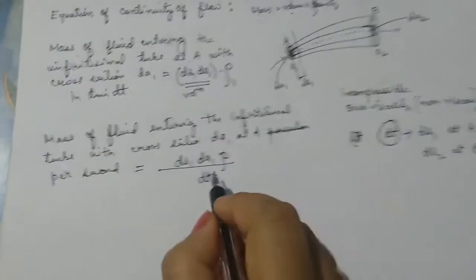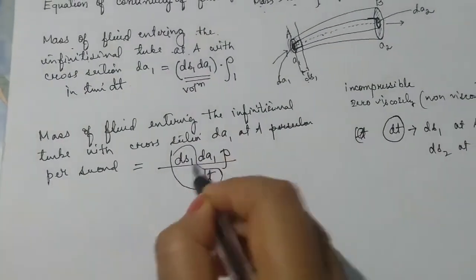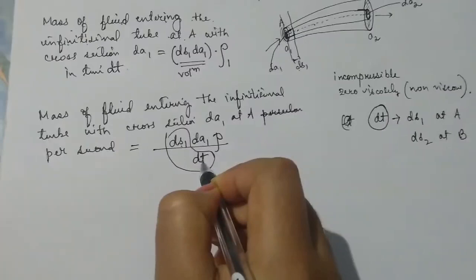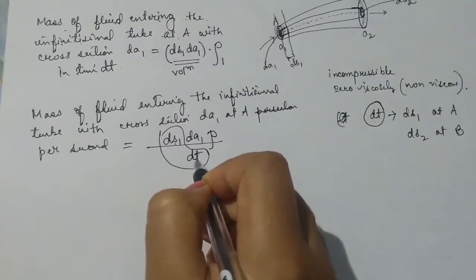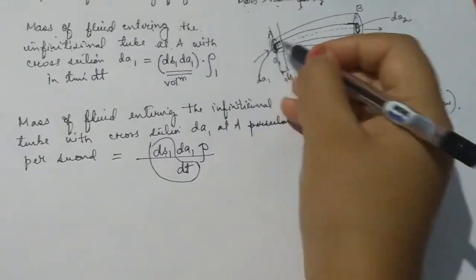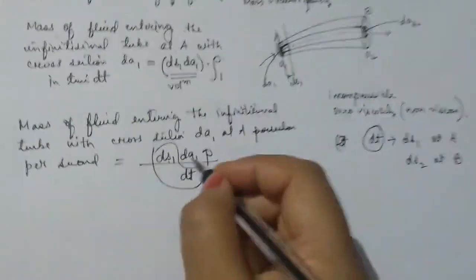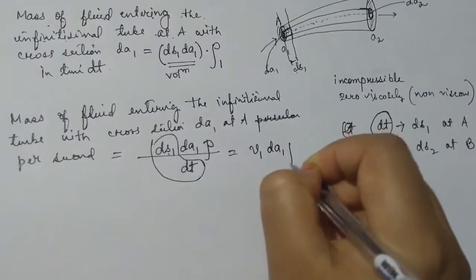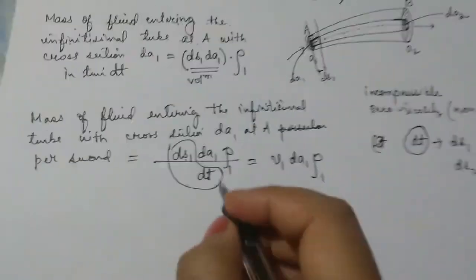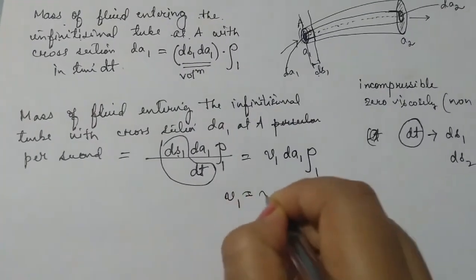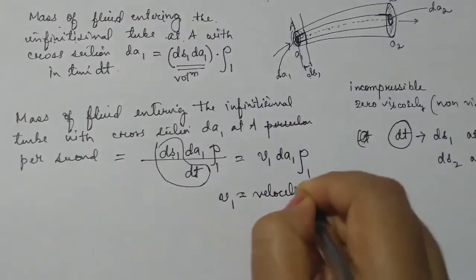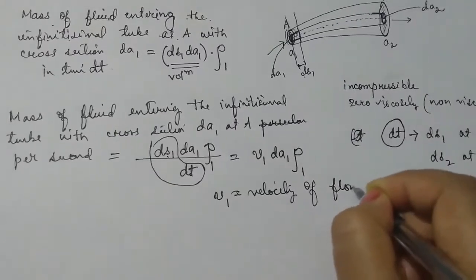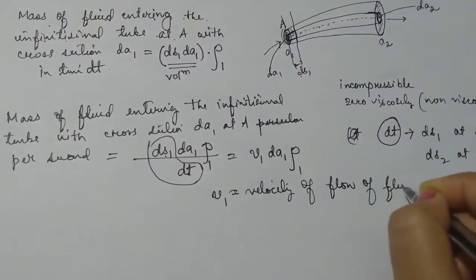But ds1 by dt, distance divided by time, is nothing but the velocity of flow of the liquid at this cross section. So it is v1 dA1 rho1, where v1 is the velocity of flow of fluid at A.